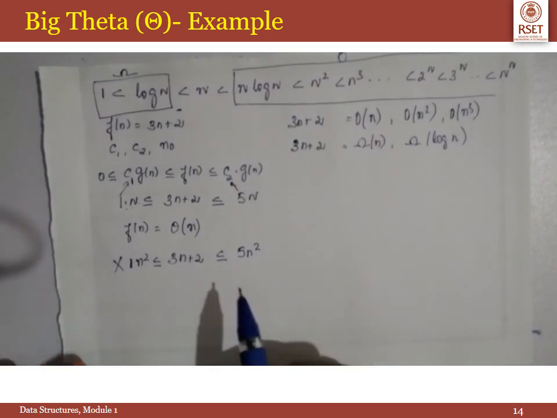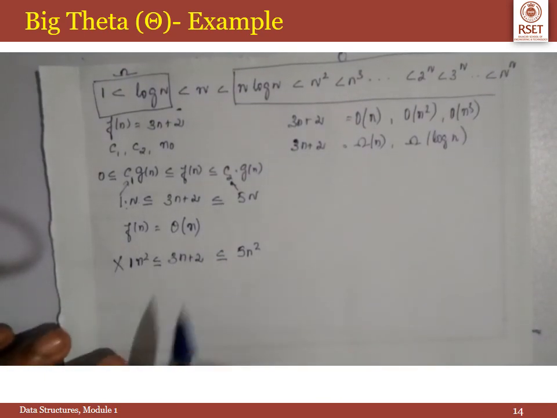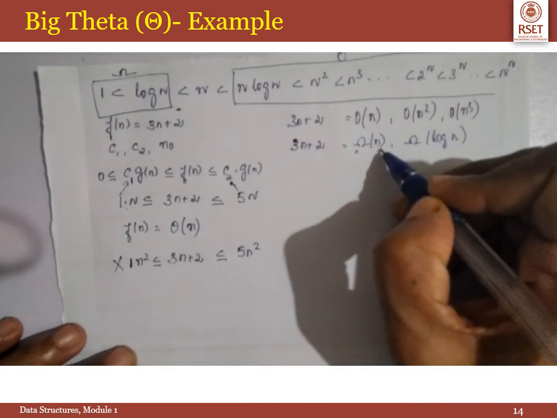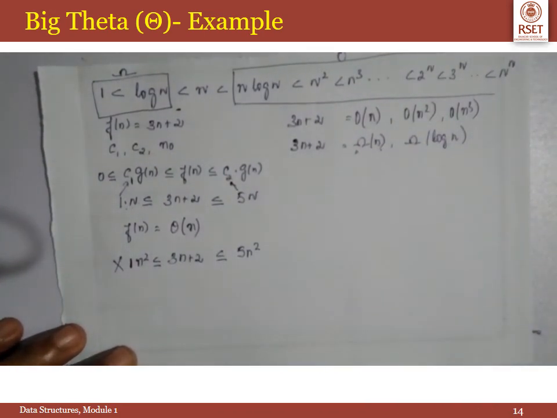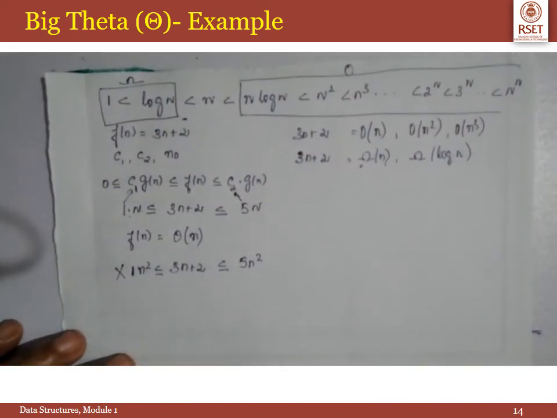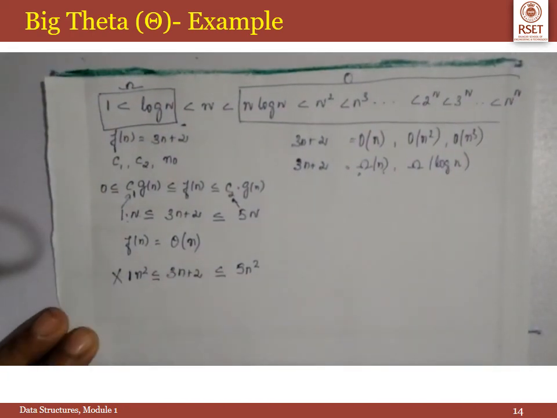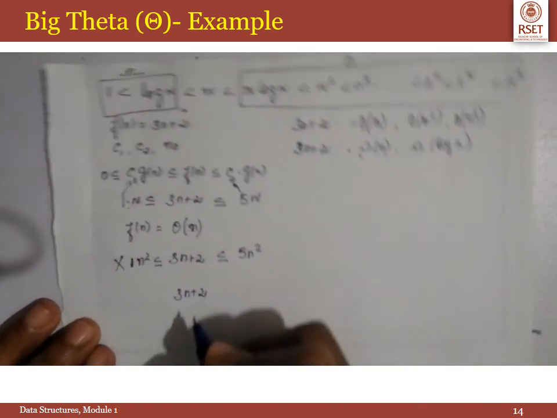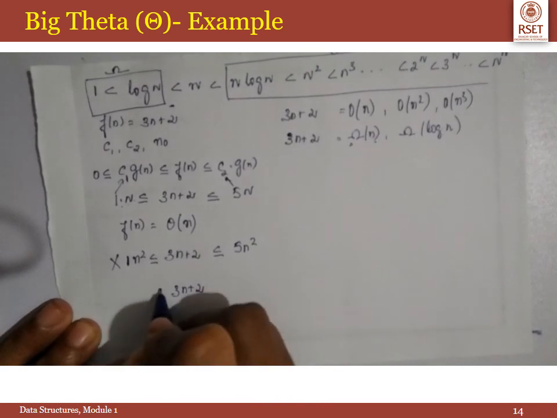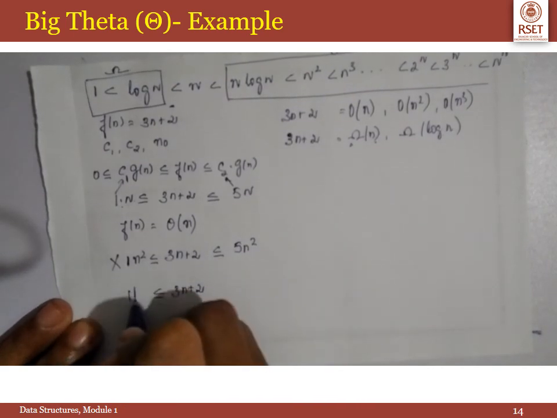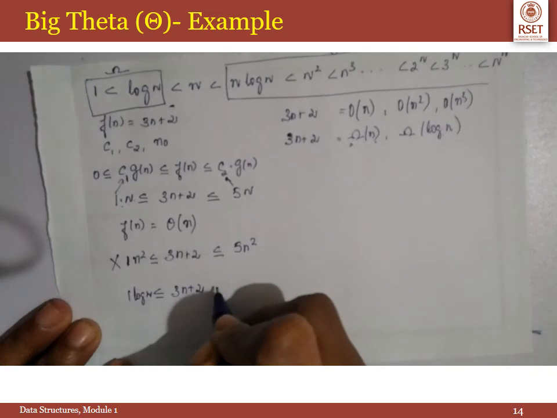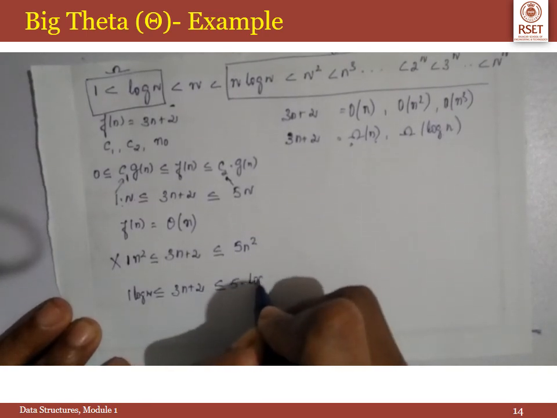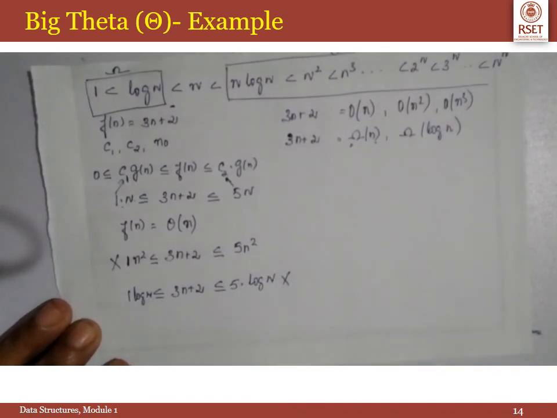Similarly, when I consider the omega value, omega can be n, omega can be log n, omega can be even 1. That is also possible. It is not wrong to represent the function as 1 into log n. But I can't write it as lesser than or equal to 5 into log n. So this is wrong here.